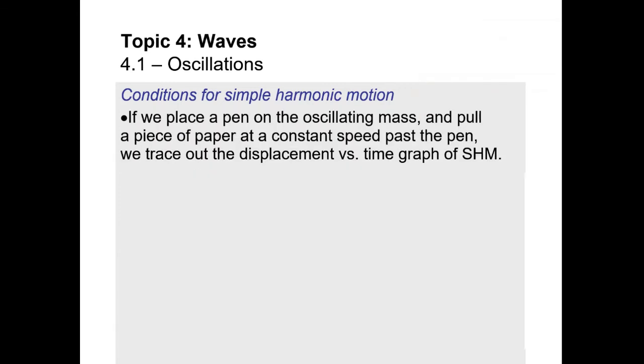Here's a very interesting illustration. If we place a pen on the oscillating mass and pull a piece of paper at a constant speed past the pen, we trace out the displacement versus time graph of simple harmonic motion.